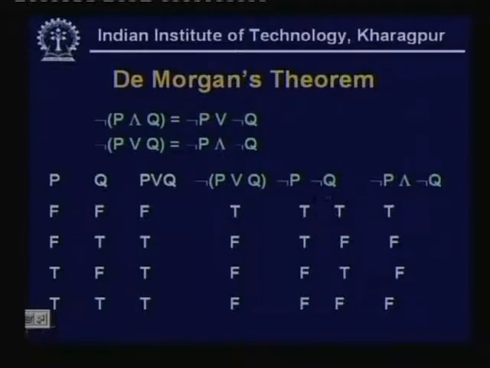So, we get not P and not Q, true, true will become true. So, I am trying to compute this part, I am trying to prove De Morgan's theorem. So, I have found the truth column for this value, now I am trying for this value. As soon as this becomes true, false, false, false, I can compare this column and this column, I can see they are identical. Therefore, these two are equal. So, that proves De Morgan's theorem.